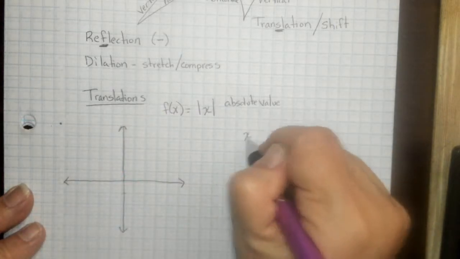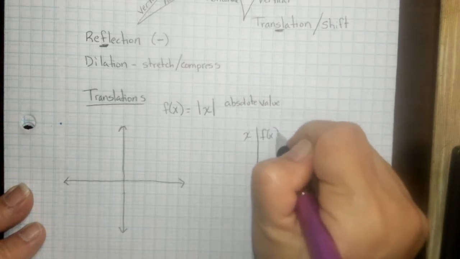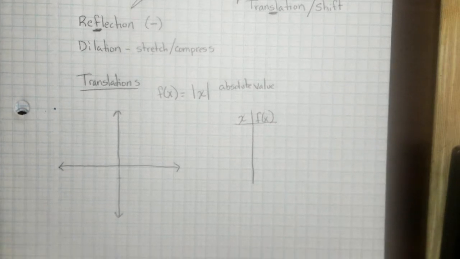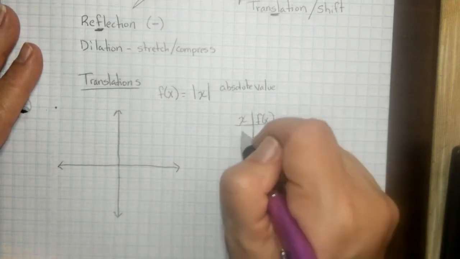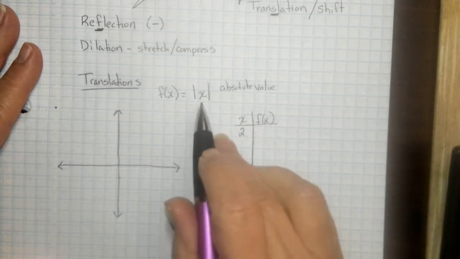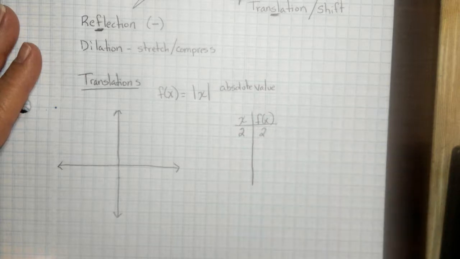So we're going to come here and make some ordered pairs. If I have x and f of x. So if I input a 2, the absolute value of 2 is 2. So it's 2 units from 0 on the number line.